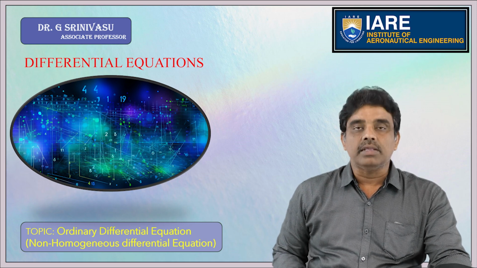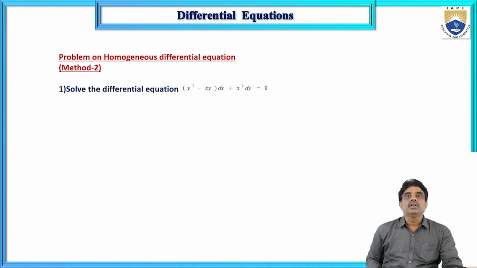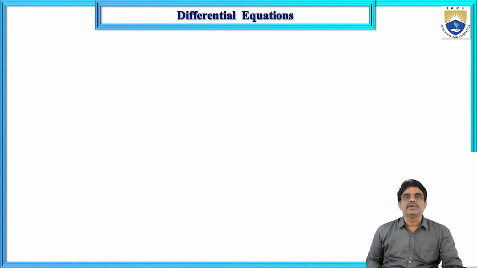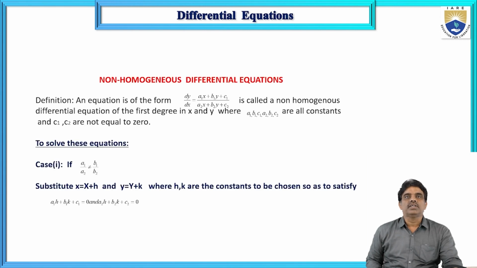Already I have explained in the previous video the non-homogeneous differential equations are of the type dy by dx is equal to a1x plus b1y plus c1 by a2x plus b2y plus c2. So to solve these equations, we consider two cases.